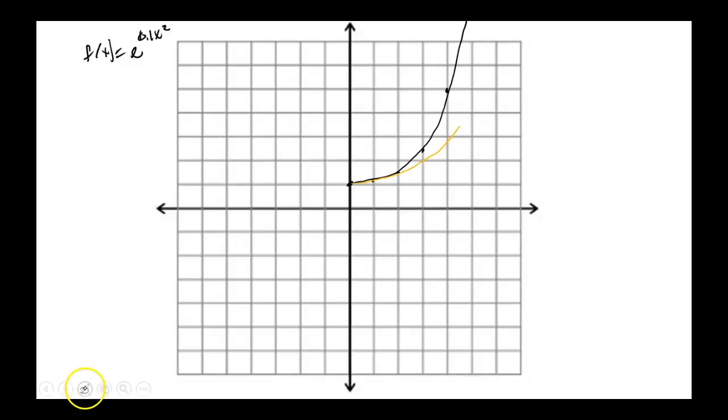Runge-Kutta, I have a hard time saying that. RK4 is a straight line approximation there, a straight line approximation there, straight line approximation there. So you see that it's not exact, but it stays pretty close to that.